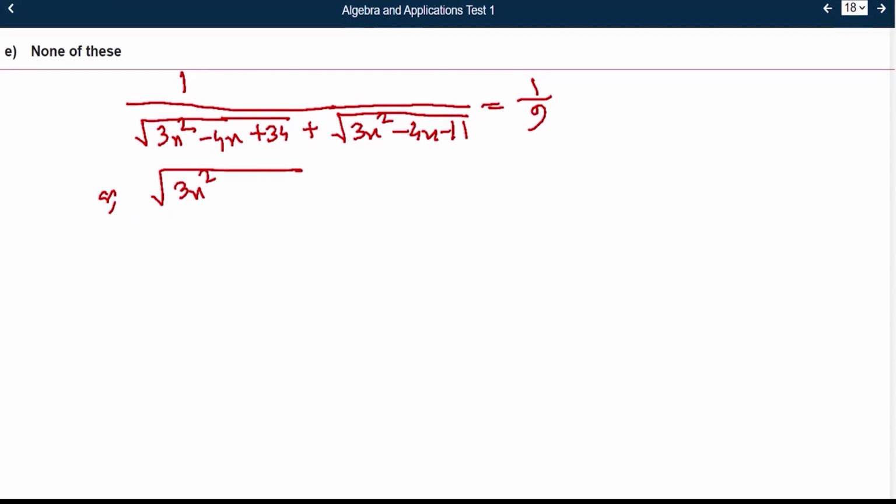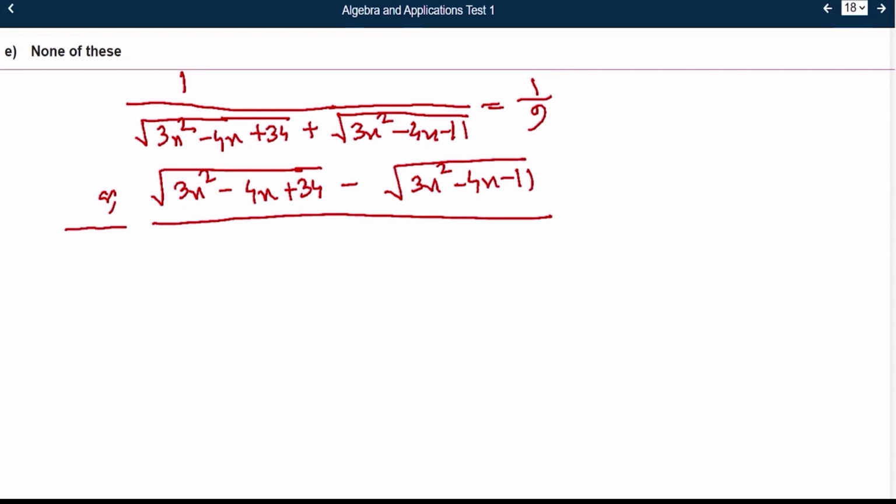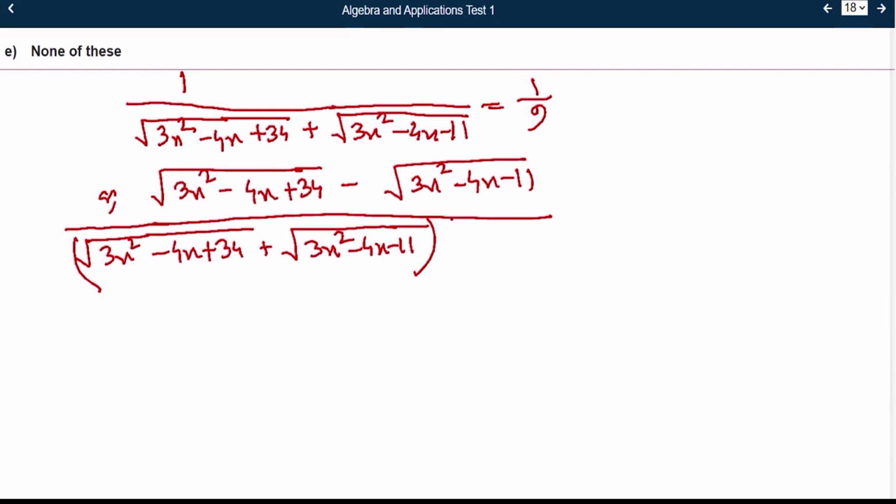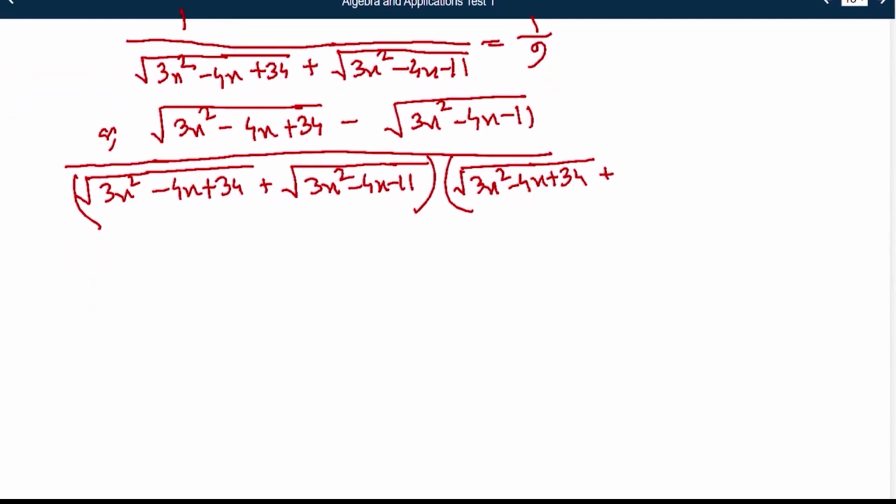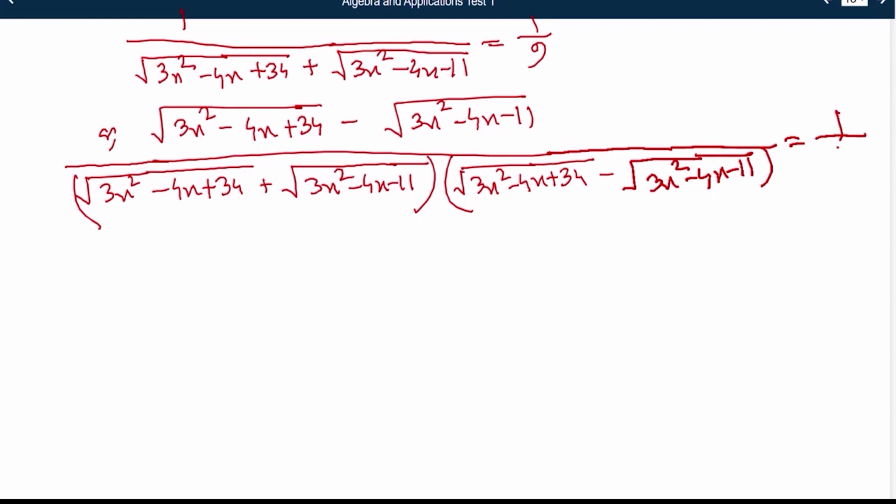That means root 3x square minus 4x plus 34 minus root 3x square minus 4x minus 11, and in the denominator we would get root under 3x square minus 4x plus 34, already it was there, plus root 3x square minus 4x minus 11, and let's write the conjugate now, 3x square minus 4x plus 34 minus root under 3x square minus 4x minus 11, 1 by 9, correct?